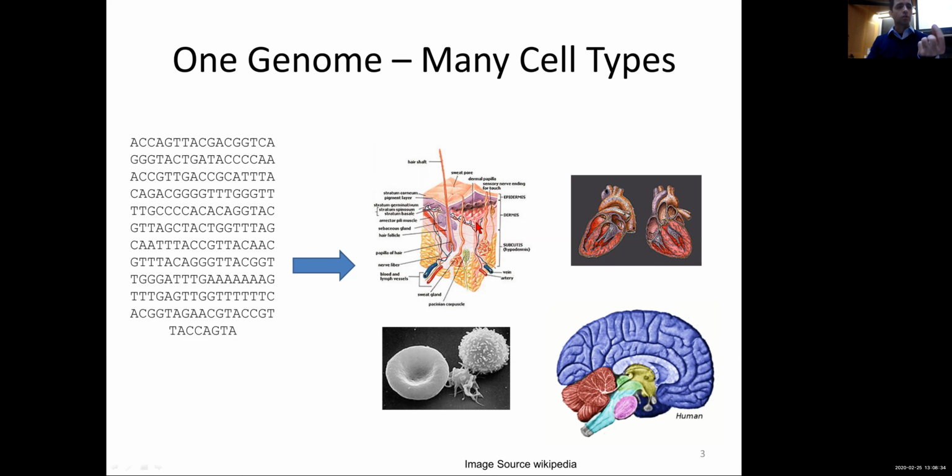Within just your skin, there's all these different cell types that are extremely specialized. Within your brain, your heart, your lung, your liver, the iris of your eye, the hair. It's incredible how much diversity you have in function, even though they're all running the same code, right?